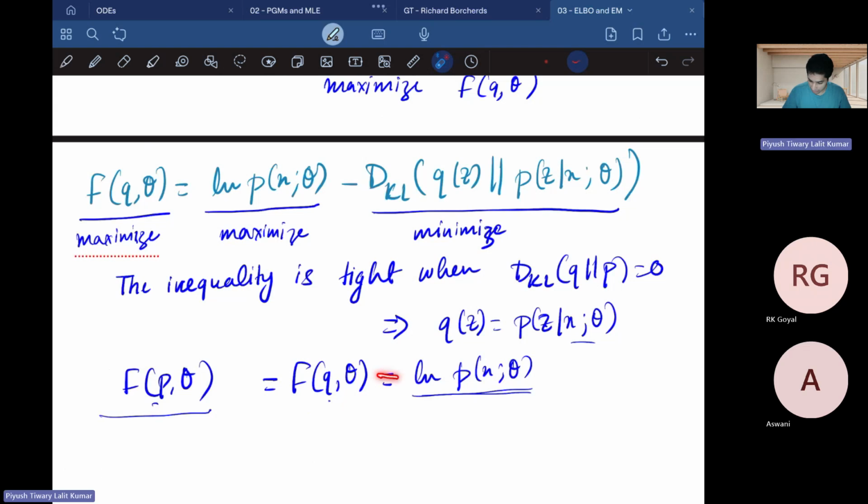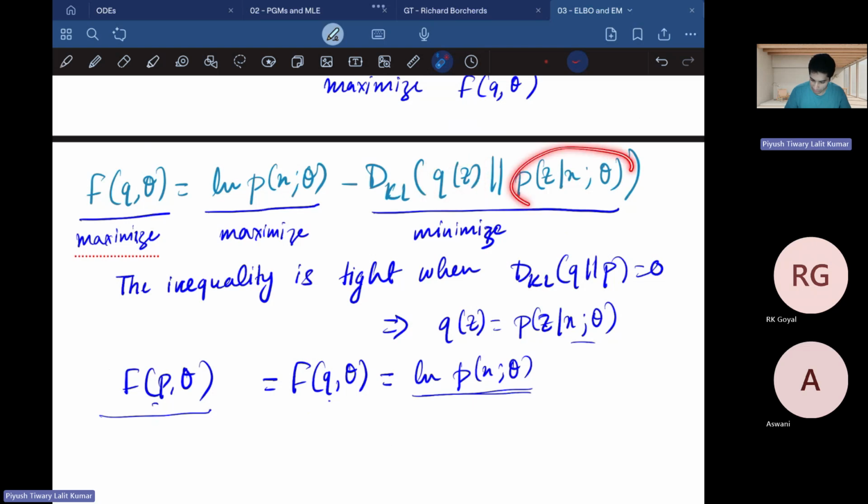So in general, there is an inequality here, but if Q is sufficiently close, I mean, you can see this from this equation actually, right? What is the gap between the ELBO and the log likelihood? It's this term itself.